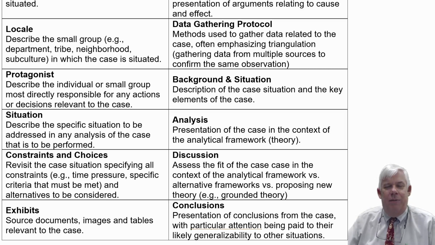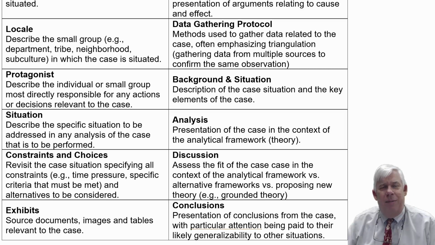Sometimes I will put some of those after the discussion section, but to some extent, in research cases, it's not absolutely critical that you incorporate all that, because chances are you're not going to be going back to the same organization and gathering more data, or at least you hope you won't be.